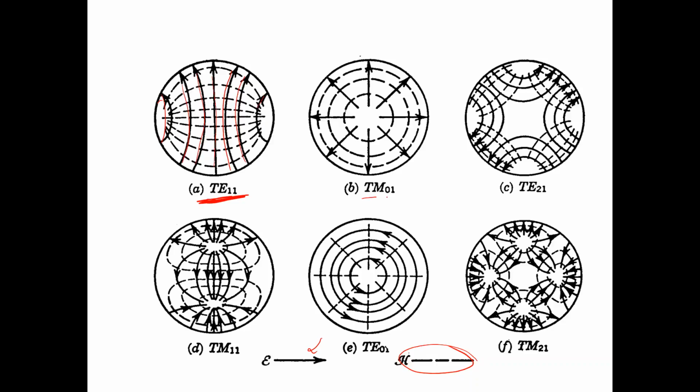And similarly, if I go to TM01 mode, then basically what you have is the electric field is pointing radially out from the center, and the magnetic field is turning around. That kind of distribution is also seen in a TE01 mode, except the things have switched around.